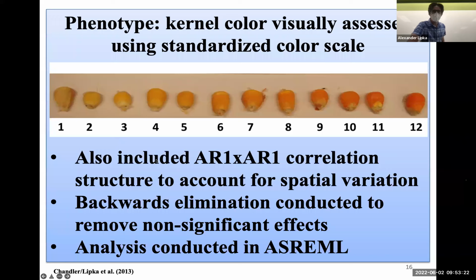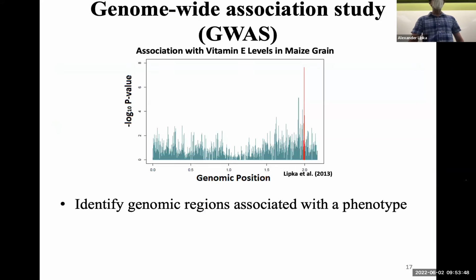We also considered this AR1 by AR1 correlation structure to account for the fact that plots that are closer to each other might be more strongly correlated than plots further apart. And we did this backwards elimination using Bayesian information criterion to filter out non-significant X variables in our model. We did this in ASRML. Okay, and so that was the punchline of that story.